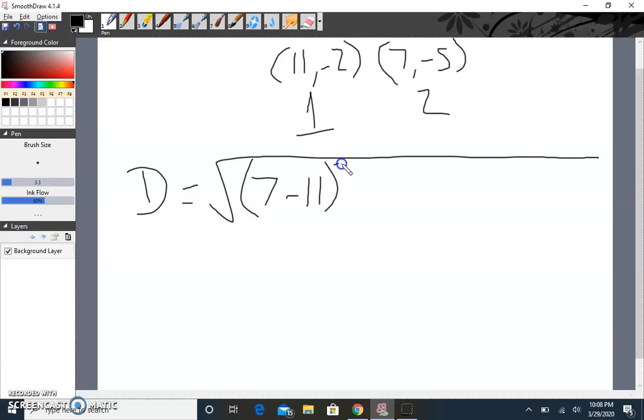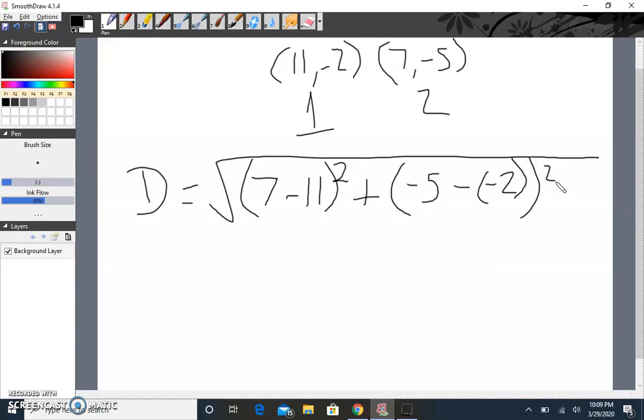We'll take that and we'll square it, and then we'll add it to our second y, which is negative 5, and we will subtract our first y from it, and then square your answer.